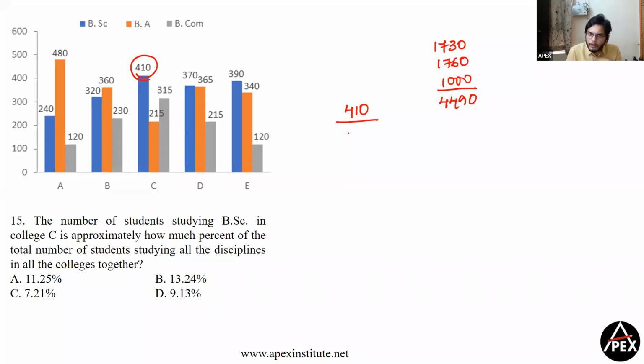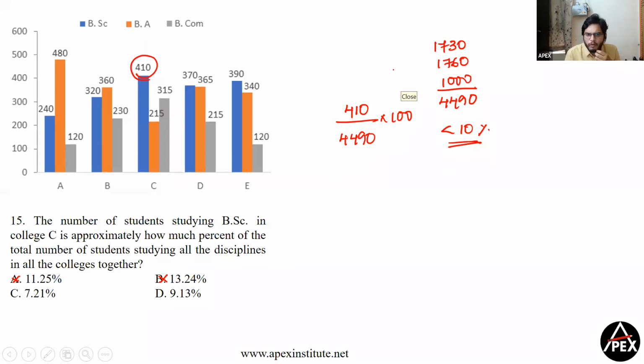Okay. So 410 divided by 4490 into 100. So what are the options that I can eliminate directly? I can eliminate option B and option A because this will be less than 10% only. This will be less than 10% for sure, isn't it? So I can eliminate option A and option B.